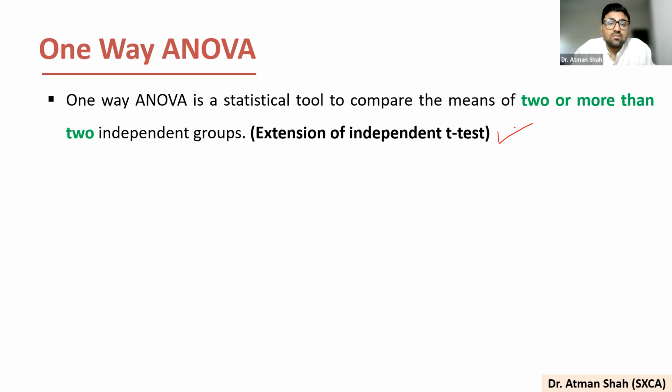If you use one-way ANOVA for 2 groups, your answer of one-way ANOVA and the independent samples t-test would be identical. However, it is not wrong to use one-way ANOVA when you have 2 groups.